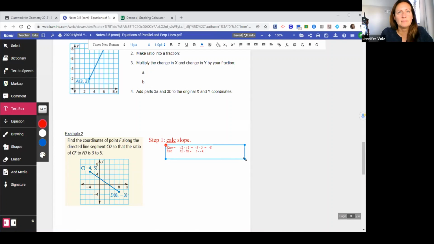Eight minus -4 is 12. So even though it doesn't count that way on the grid, if you look at the coordinates from -4 to +8, that would be a difference of 12. So that's the change in Y versus the change in X. I'm just going to put a little bar between them as a fraction.